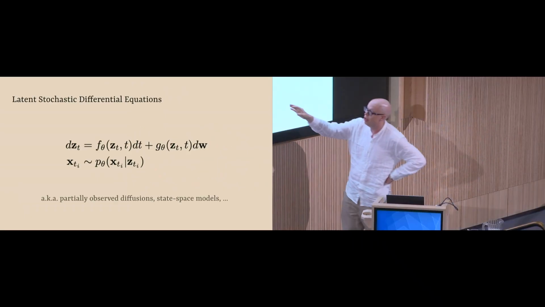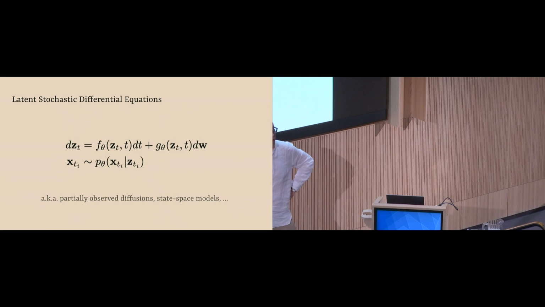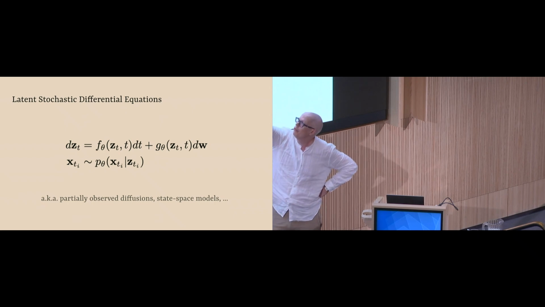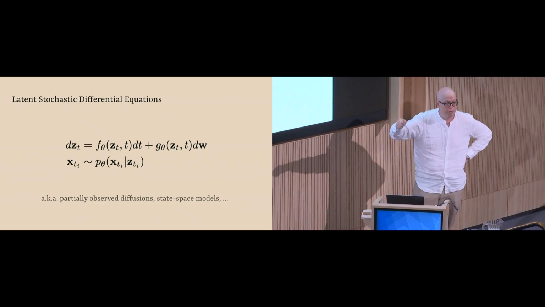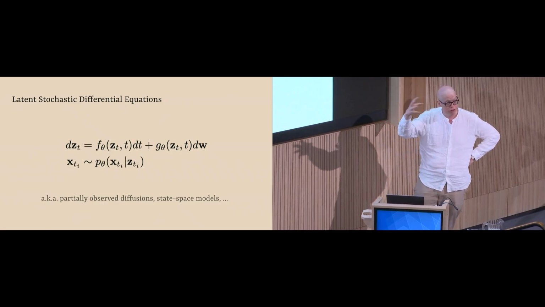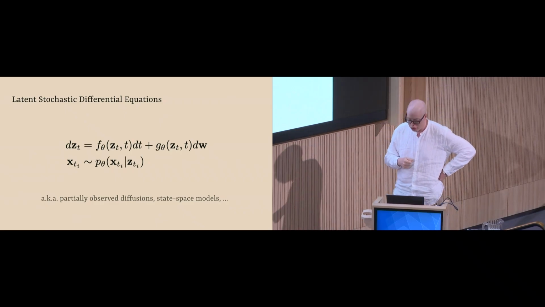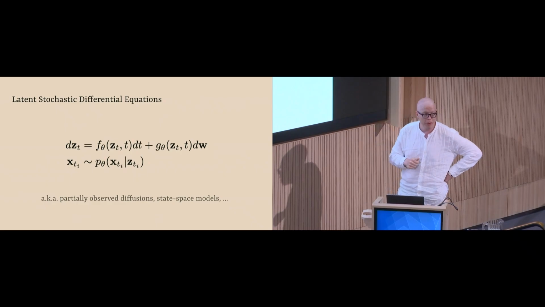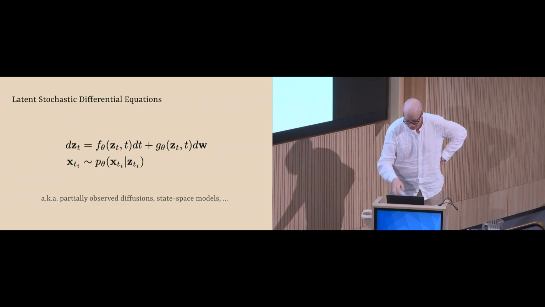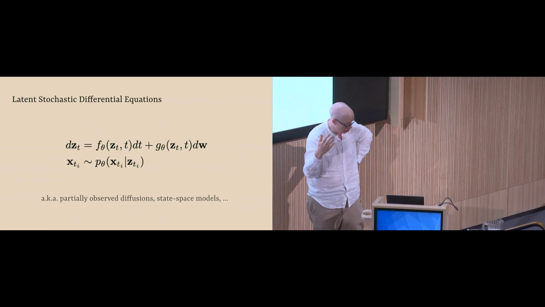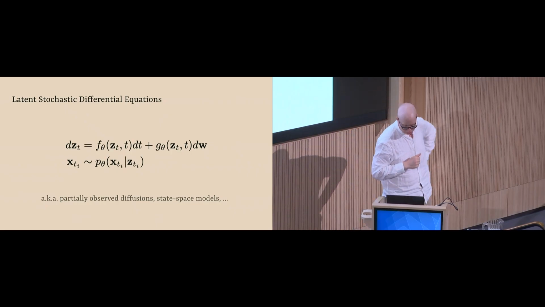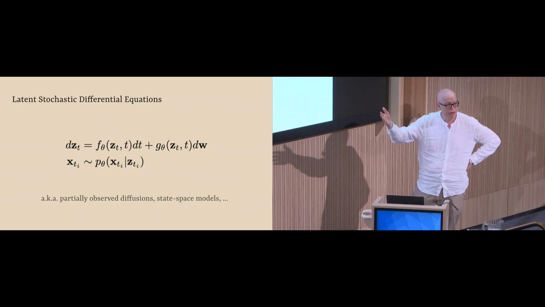It's a model using a drift f and a diffusion coefficient g. These could be inspired by something you know about the system, a structure, or it could just be parameterized by neural networks. And then at certain points in time, you observe the observable X. This could be another continuous random variable.